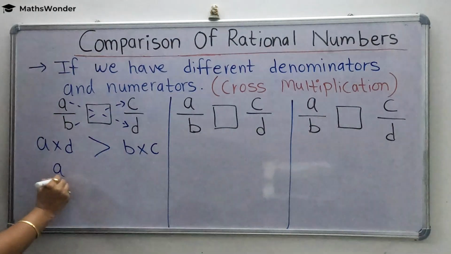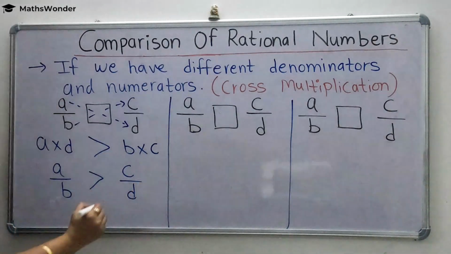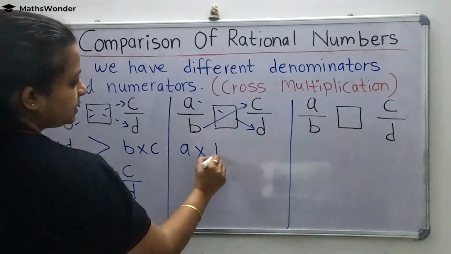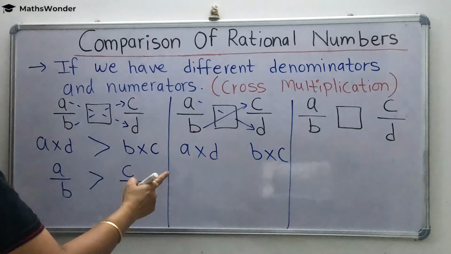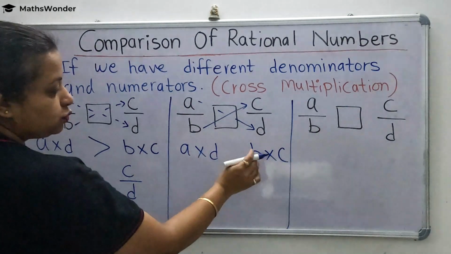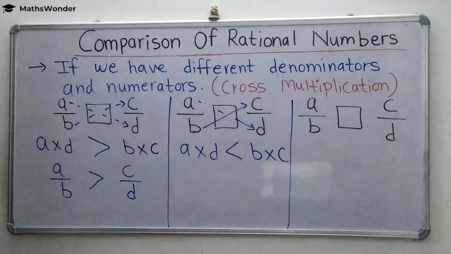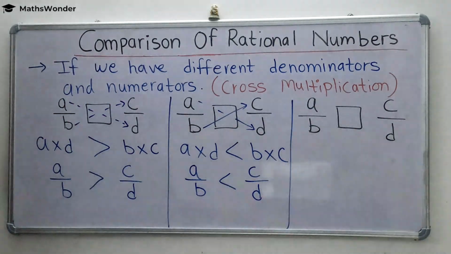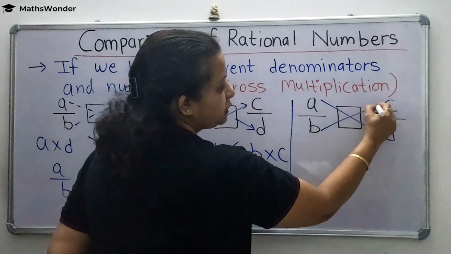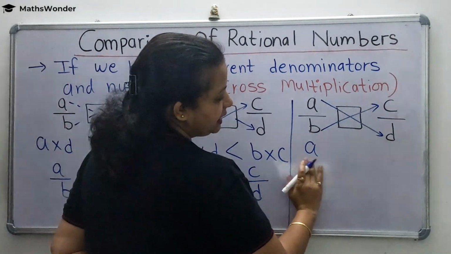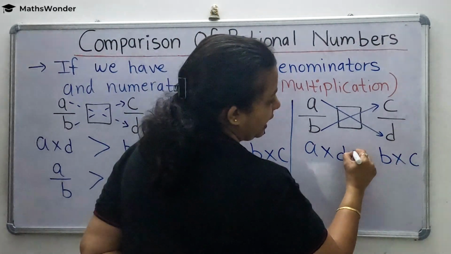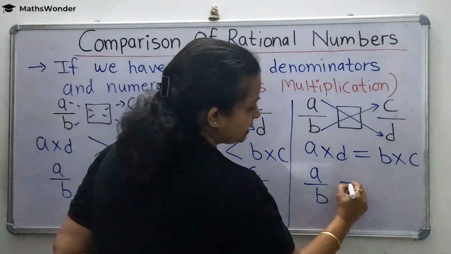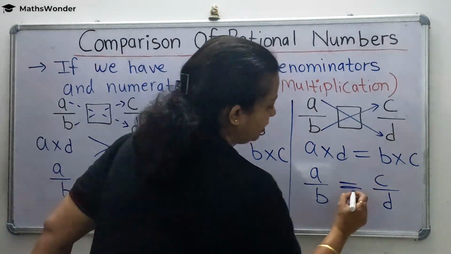Then you can say that A over B is greater than C over D. Same, you do the cross multiply here, A times D and B times C. If B times C is the greater, that means A over B is smaller than C over D. When you do the cross multiply and see that both sides are equal, that means A over B is equal to C over D, meaning both rational numbers are equal.